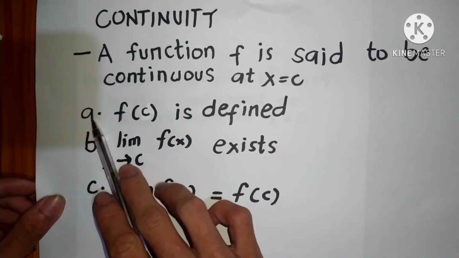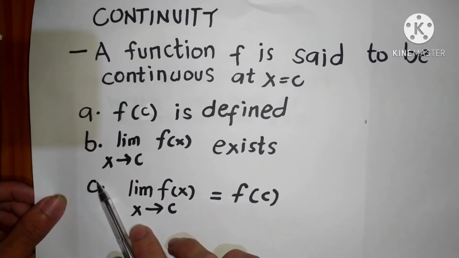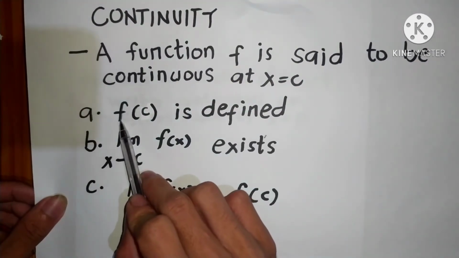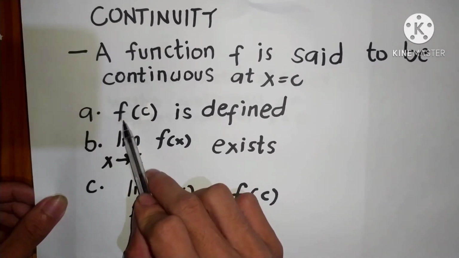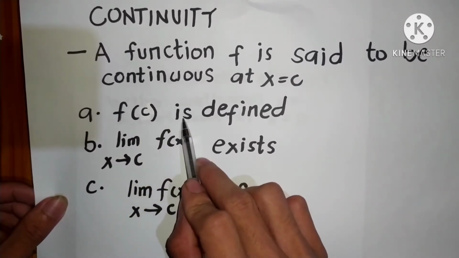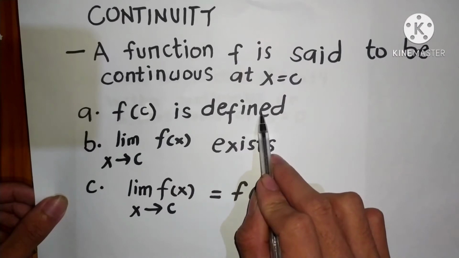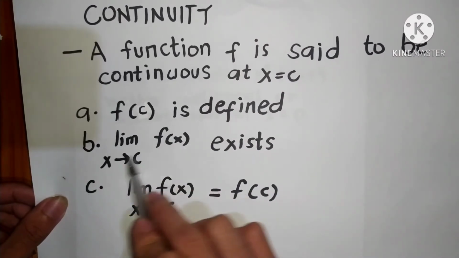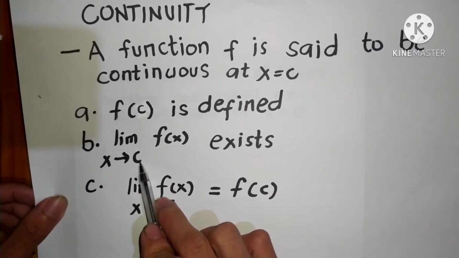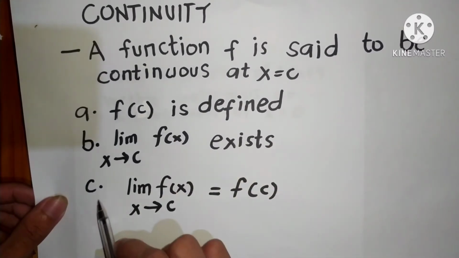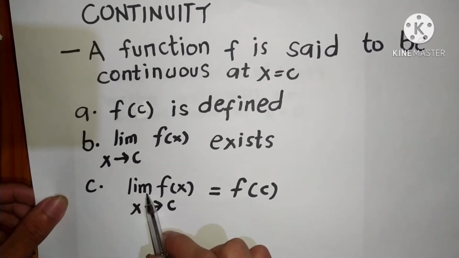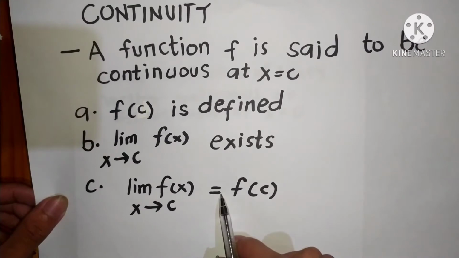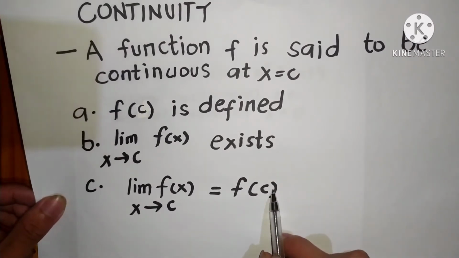So, we have to consider these a, b, and c for solving continuity. So, ang sabi dito, f of c is defined. For letter b, limit of f of x as x approaches c exists. Then letter c, limit f of x as x approaches c is equals to f of c.